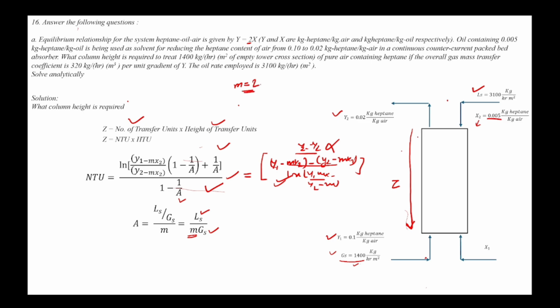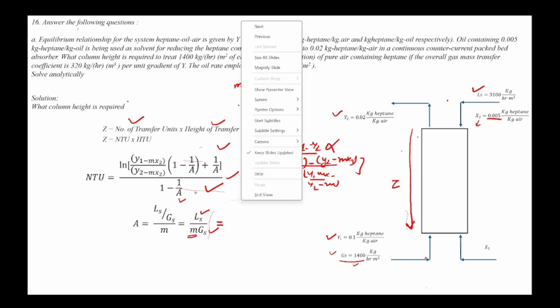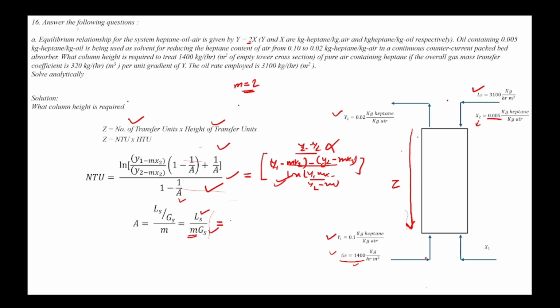Or we can write the absorption factor as the slope of the operating line divided by the slope of the equilibrium line. So this is the slope of the operating line and this is the slope of the equilibrium line.